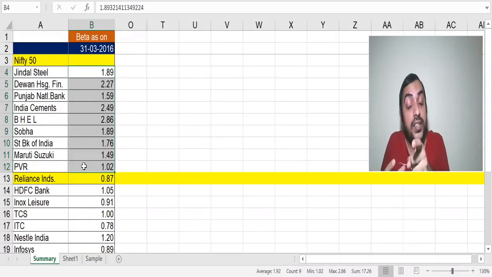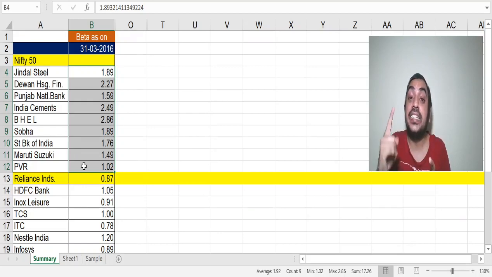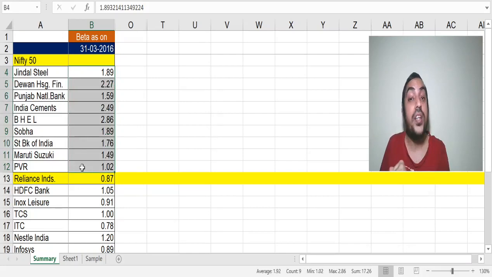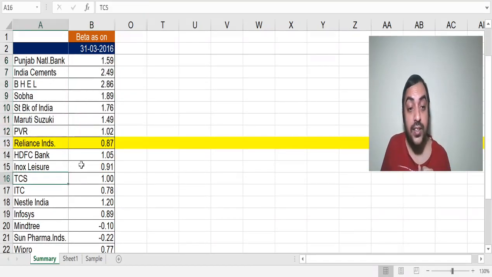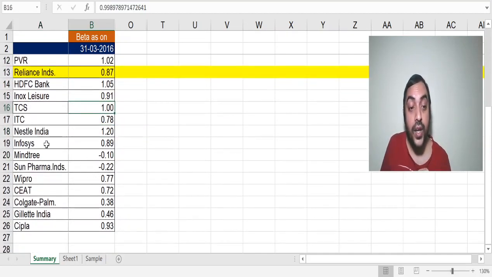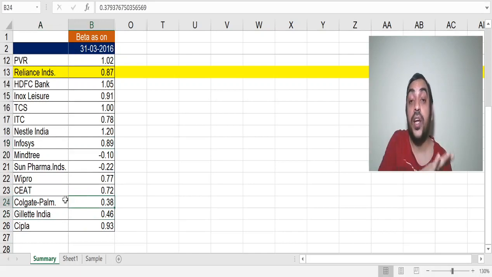And what do you mean by the movement of the security is faster? That means the risk is high. So these stocks, as you can see here, which have got the beta more than 1 are riskier than the market, whereas TCS 1, that means TCS is the same risk as the market, whereas Infosys 0.89, Gillette India 0.46, Colgate 0.38, less than 1.